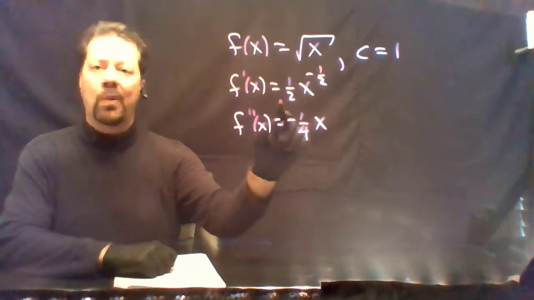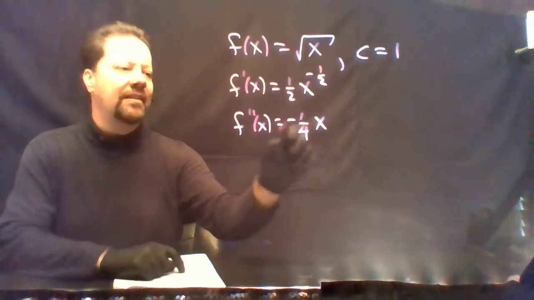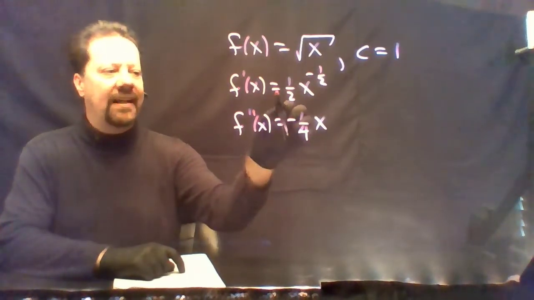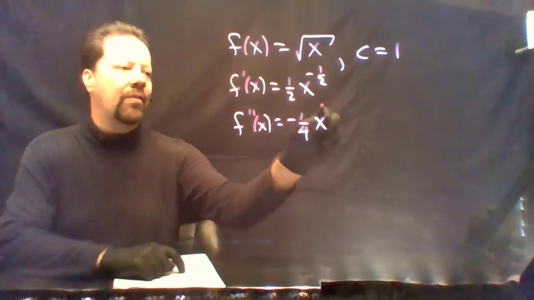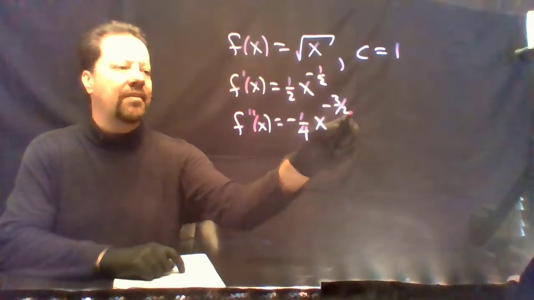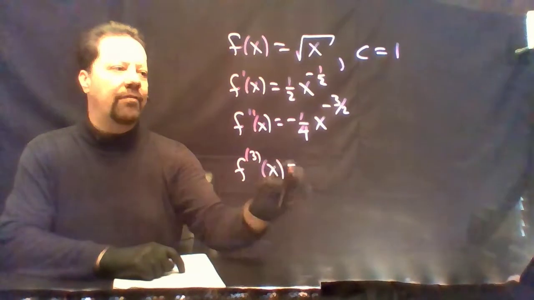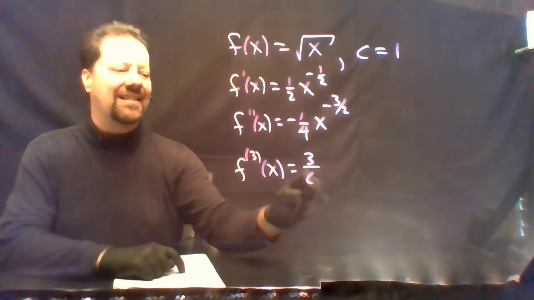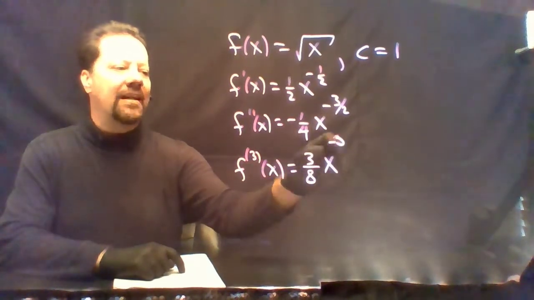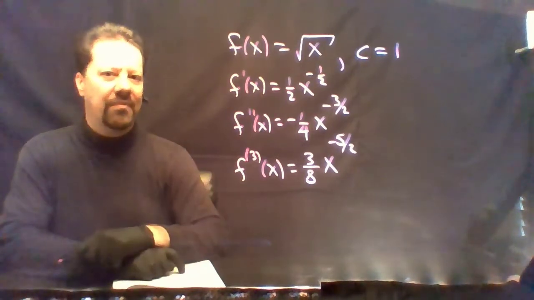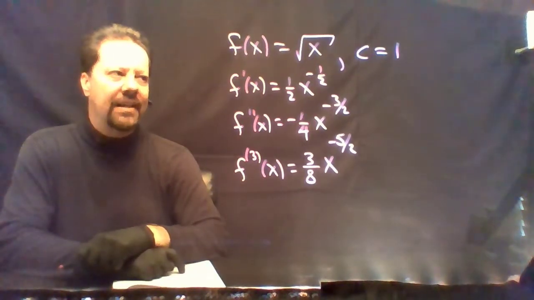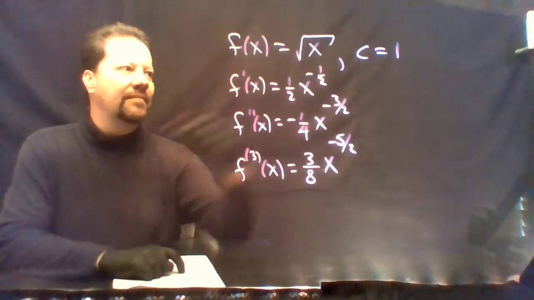The first derivative is 1/2 x to the minus 1/2. The second derivative, we bring the negative 1/2 down, we'll have -1/4 x to the minus 3/2. And then for the third derivative, we'll have positive 3/8 x to the minus 5/2.